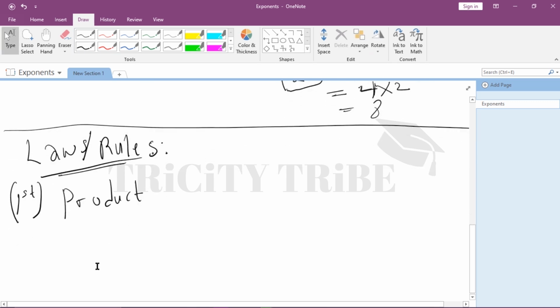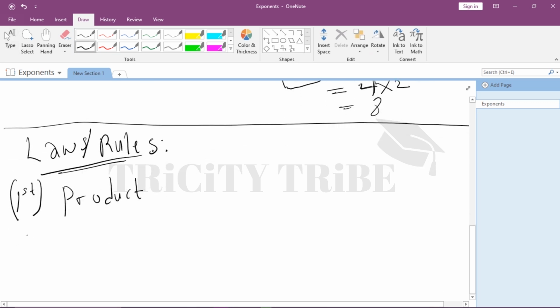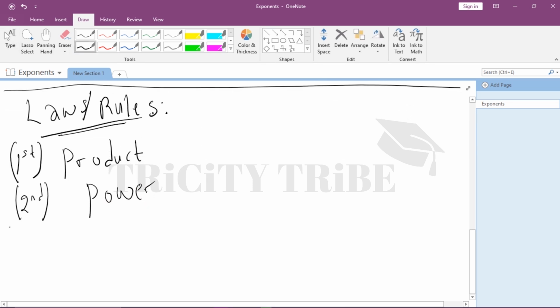And we have the second one, the power rule. We have the third one, the quotient rule.